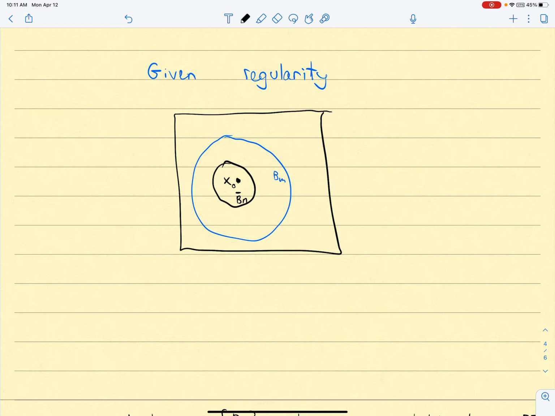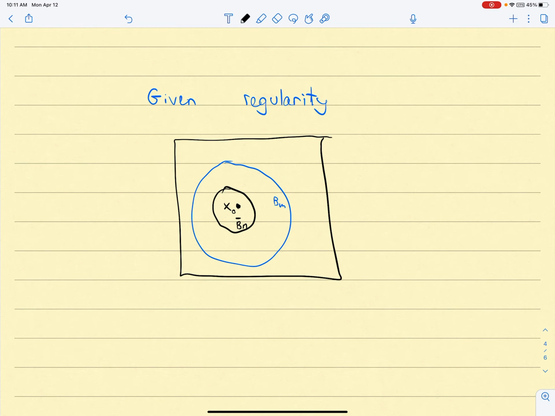The next result that we need is that given a regular space, and this figure is supposed to represent a regular space, you see there's a point x naught in the middle there, and this point x naught is inside this blue open set. It's actually a blue basis element, Bm, and that's obviously an open set.